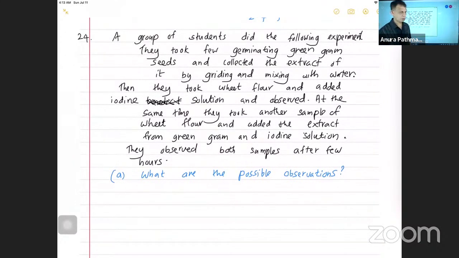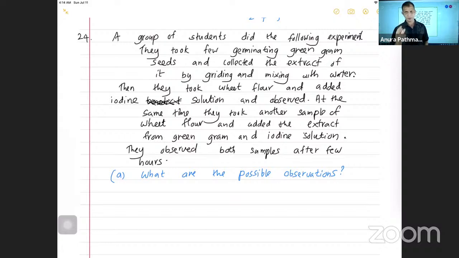If you read this question very clearly, you can see they took a few germinating green gram seeds. When it is germinating, it converts the starch into glucose. The way of converting the starch into glucose is by using the enzyme amylase.